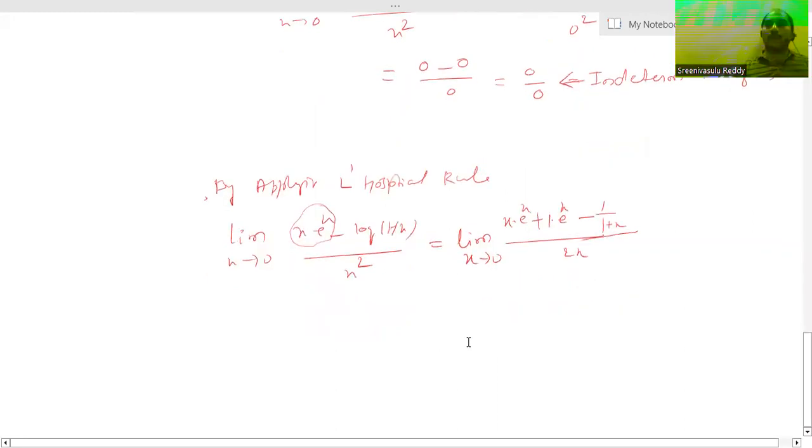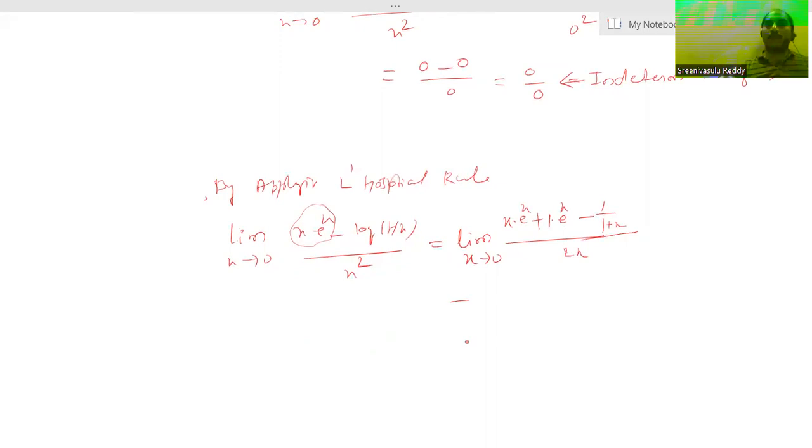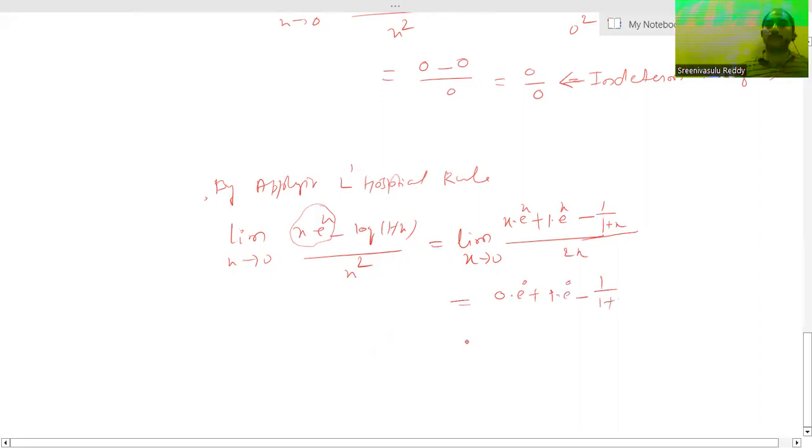Now once again substitute the x values here. We get 0 into e power 0 plus 1 into e power 0 minus 1 by 1 plus 0, by 2 into 0.